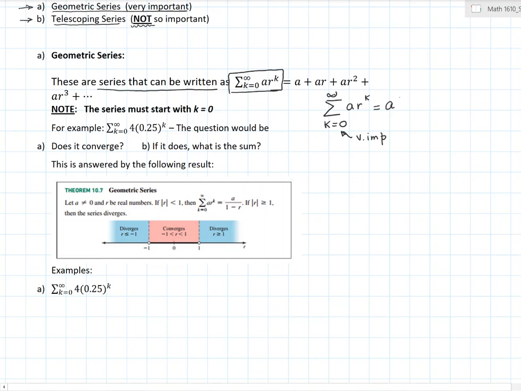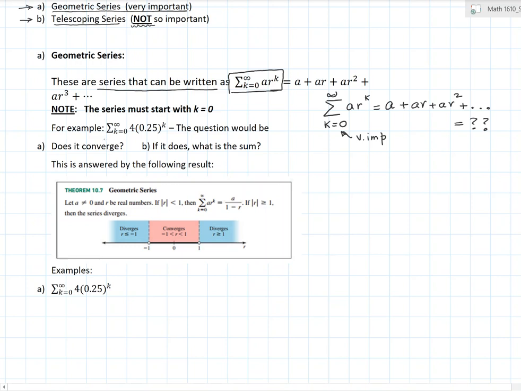So the first term is simply a. Then you add the next one when k is 1. That means you get ar. Then you get ar squared. So the idea here is that every term that you add is just a multiple by r of the earlier term.